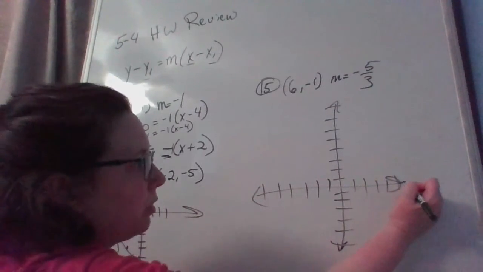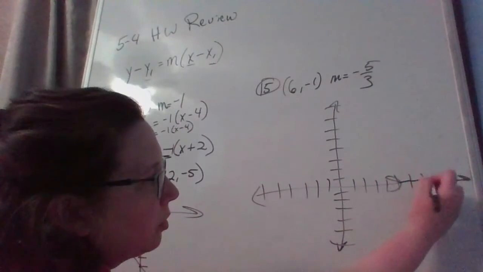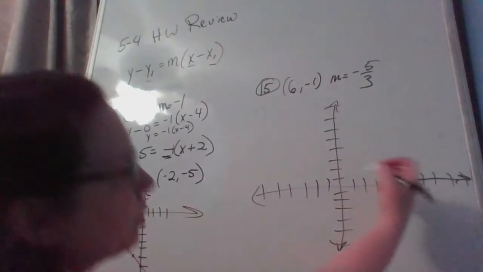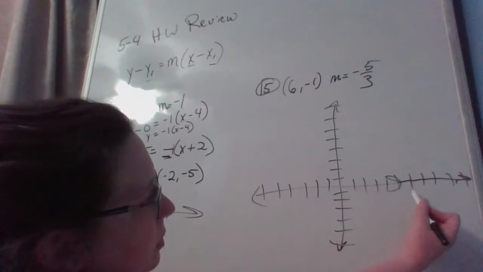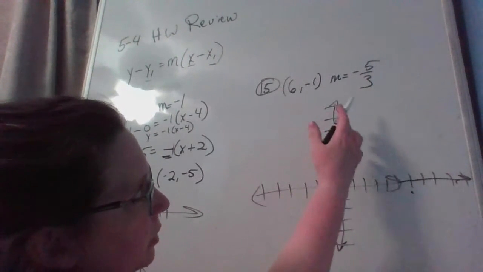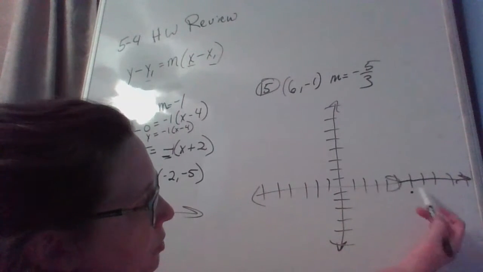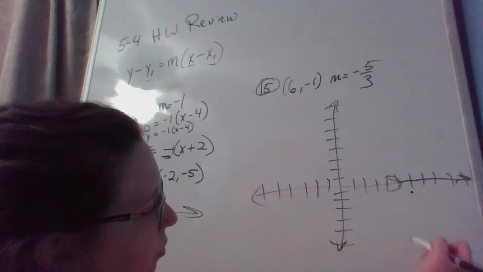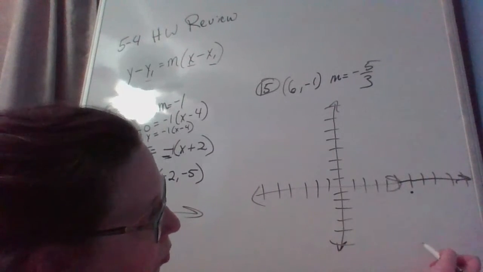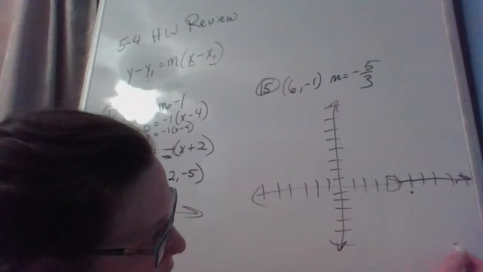I did not go nearly far enough. So we're going to go over to 6, 1, 2, 3, 4, 5, 6, and down 1. And then our slope is -5/3. So we have to go down 5 and over 3. Down 5 over 3.